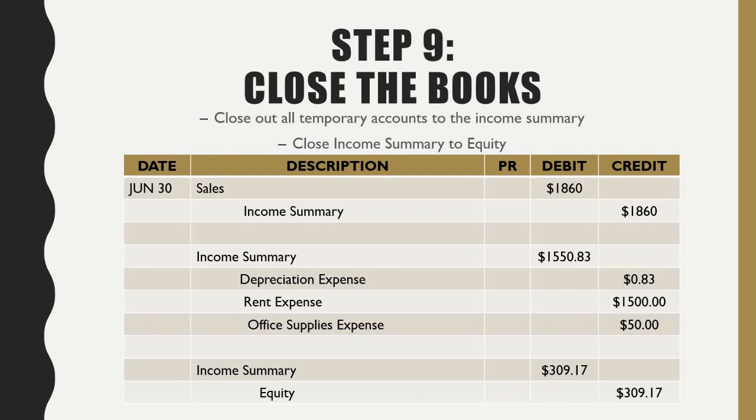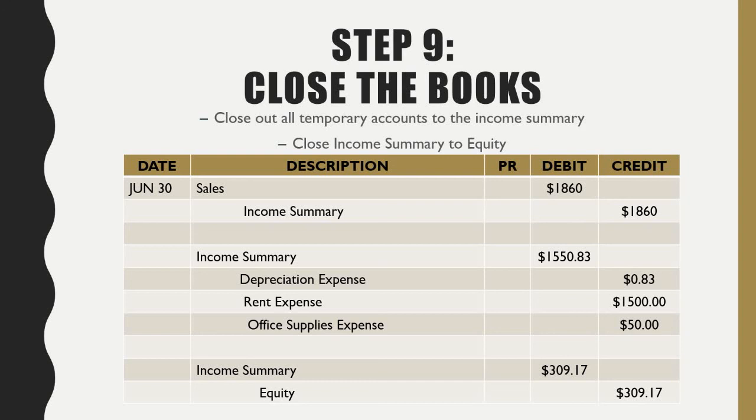You're going to debit all your sales into the income summary, and you're going to credit all of your expenses to the income summary. And at the end of the day, your income summary is going to match whatever you solved for on your income statement. So right here, my income statement told me that I had a profit of $309. There it is. There's your profit of $309.17.